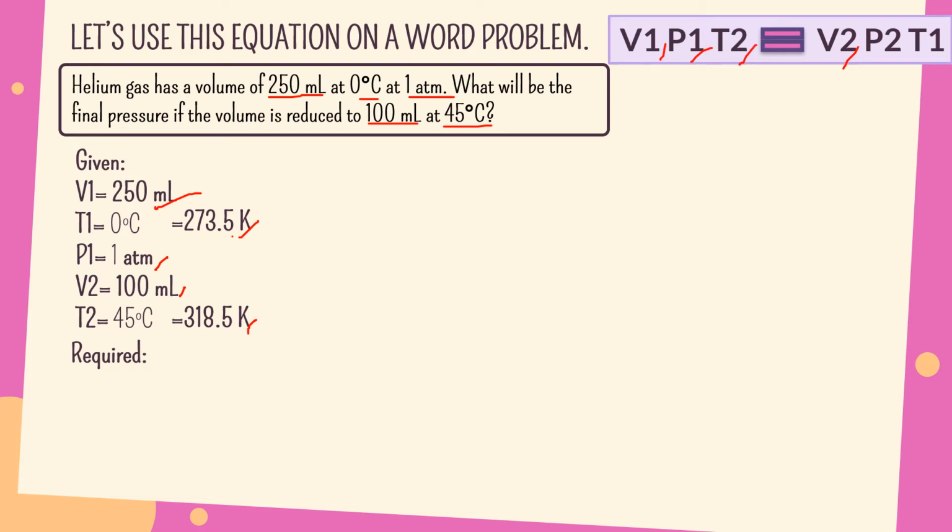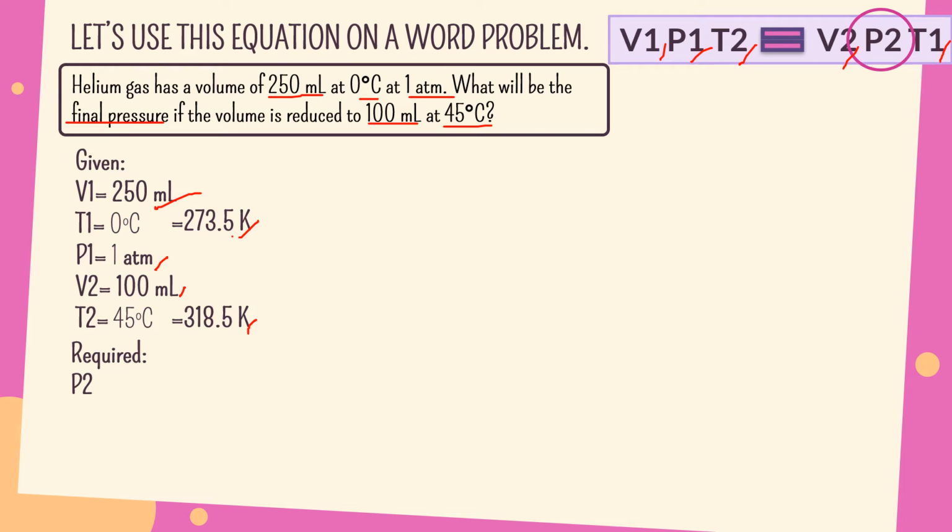So we have the following givens, and the one that is not given in this problem is the final pressure. So the unknown or the required quantity is the final pressure.